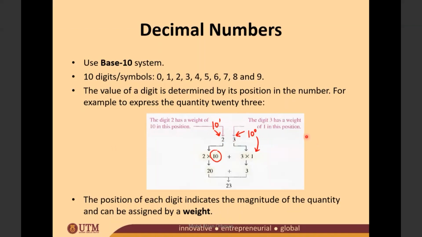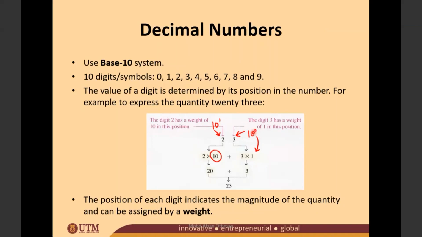Starting from the right to the left, the weight will keep increasing by 1 in the power, regardless of the base that we're going to use. For base 10, the weight is 10 power of n.